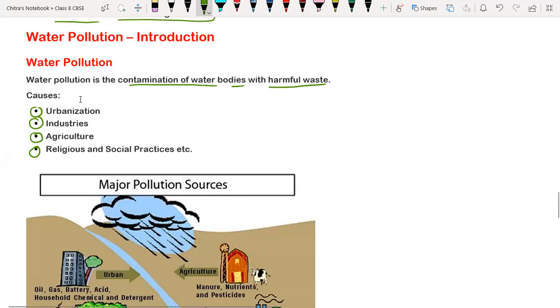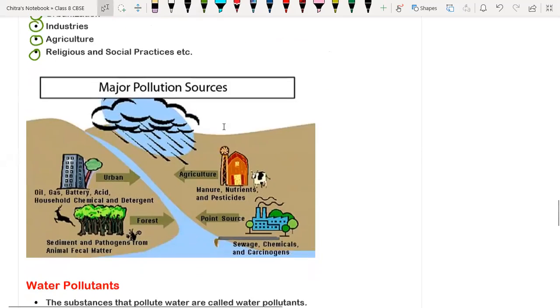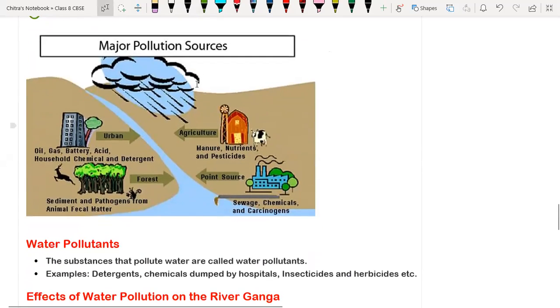Now, what are the major sources of water pollution? Here we have urbanization. If urbanization is there, most of the waste material like oil, gas, batteries, acid, household chemicals, and detergent powder is released and flows directly into the water, along with the water through the water bodies, and pollutes them.